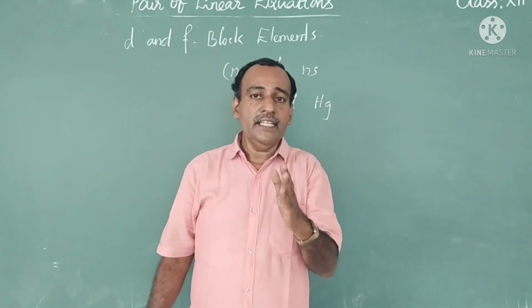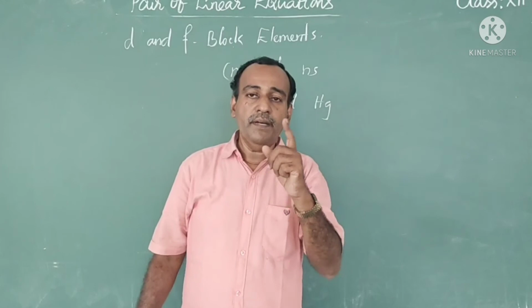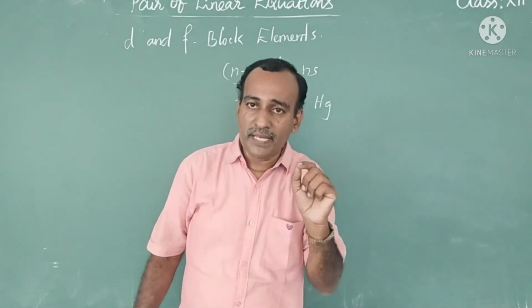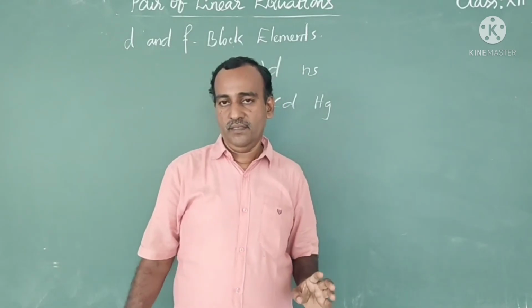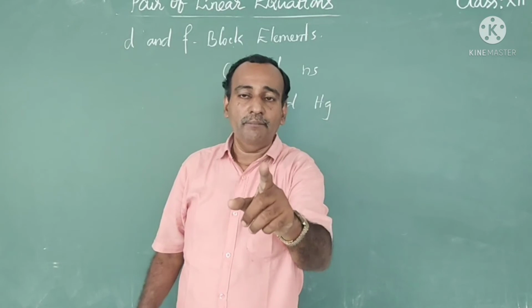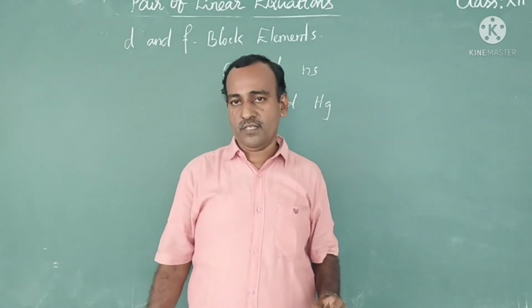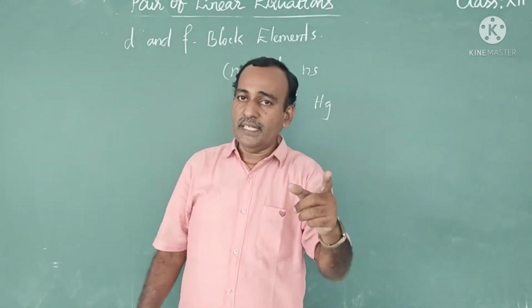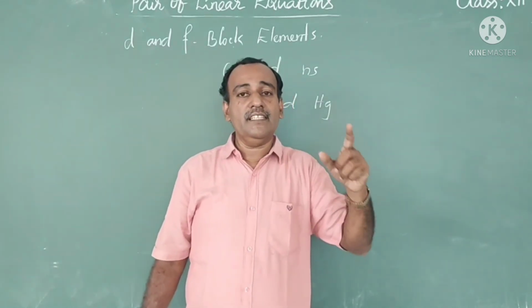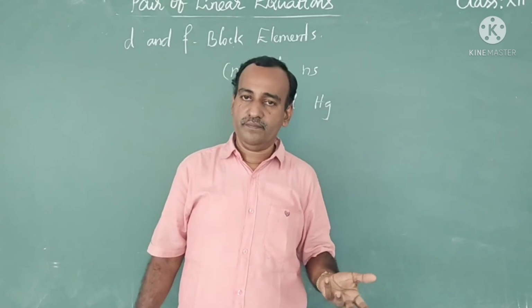Because the melting and boiling point depends on the metallic property, or the metallic bond. The metallic bond in turn depends on the number of unpaired electrons. When the number of unpaired electrons is more, automatically the strength of metallic bonding is more.